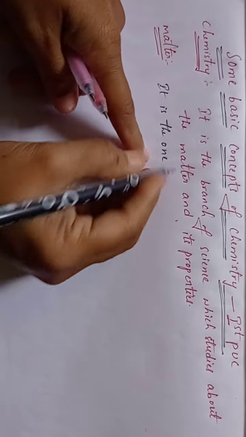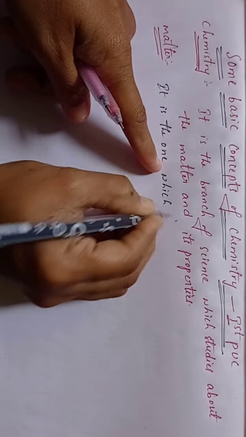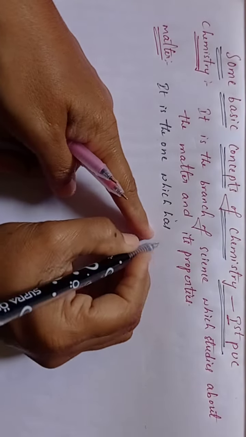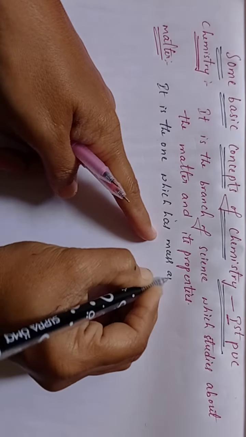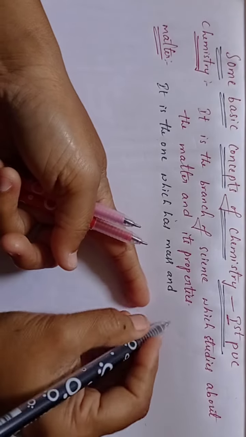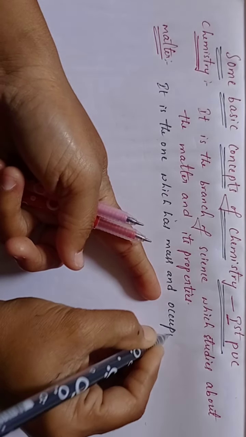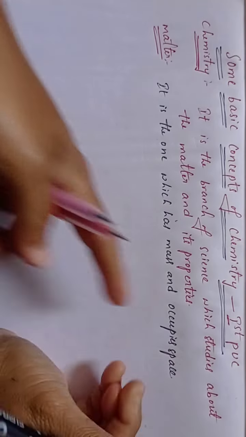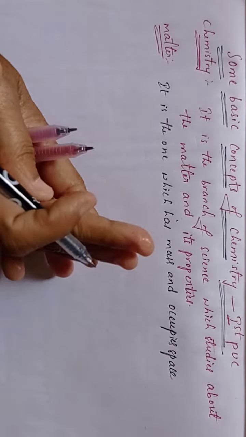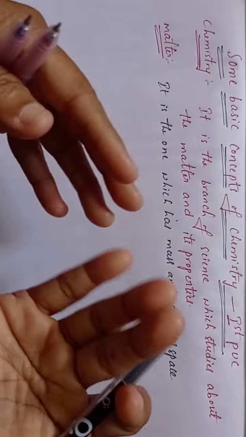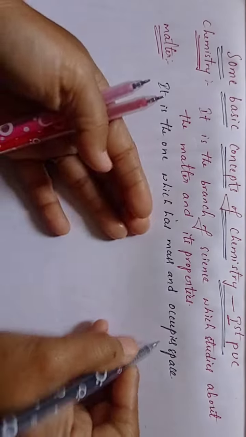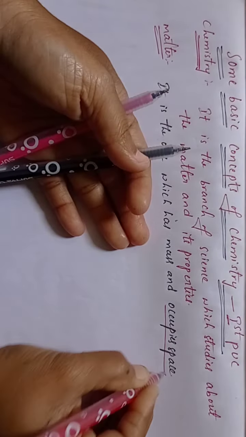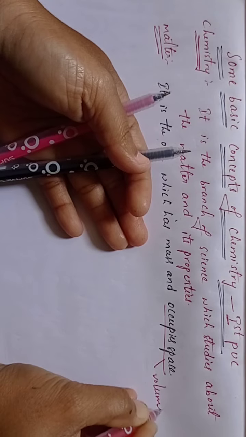That means the things which have both mass and volume. Occupying space is nothing but the volume. Clear this one?